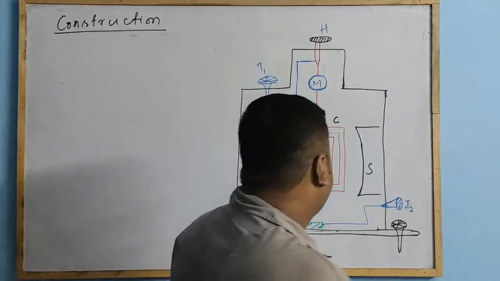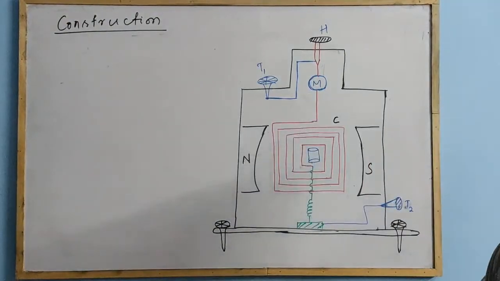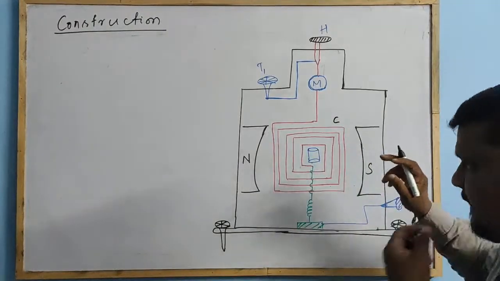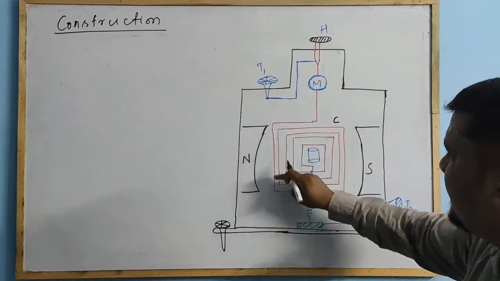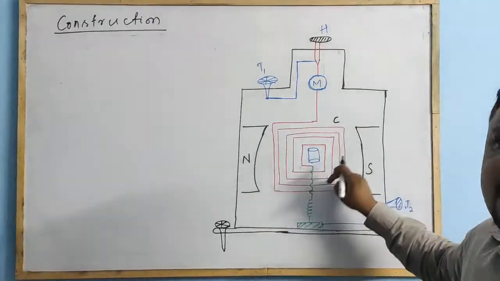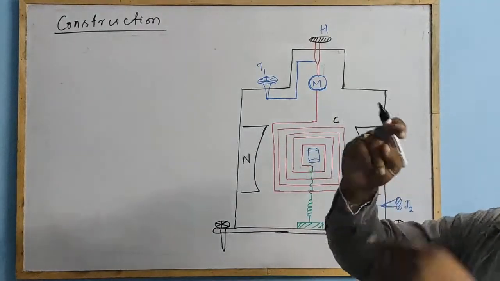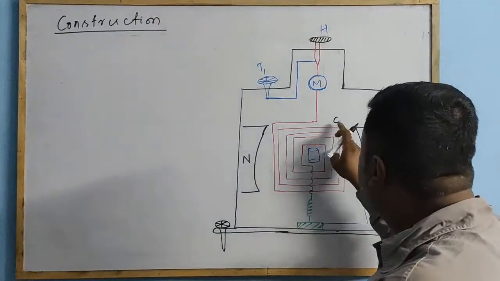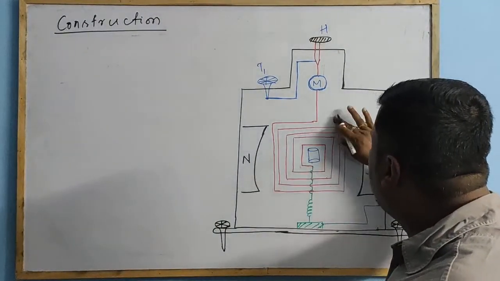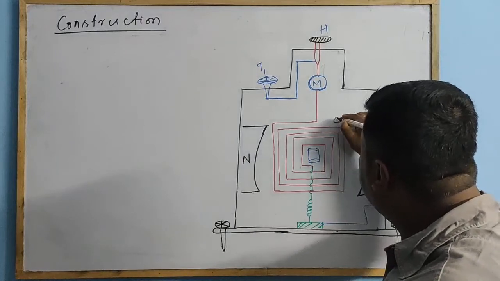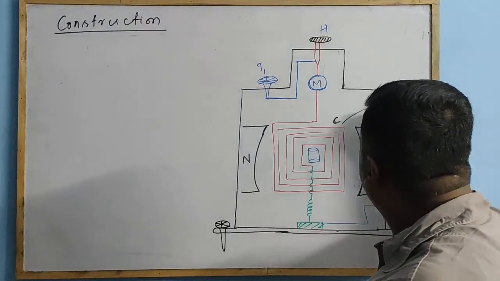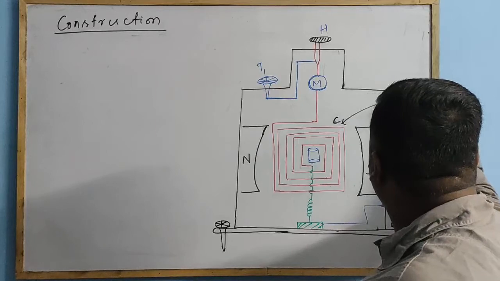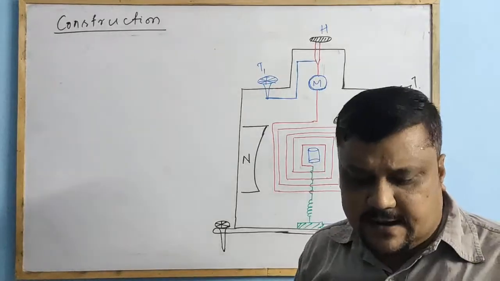Now you see here, I will discuss one by one what I have drawn here. I have drawn the figure. It consists of a coil having a number of turns. So many turns. It consists of a coil C, right?